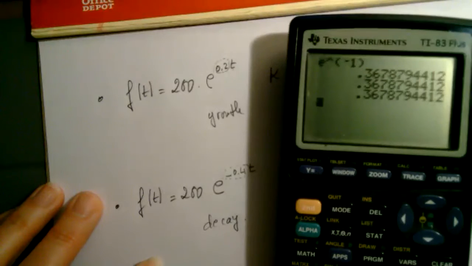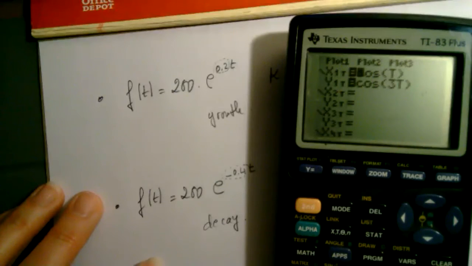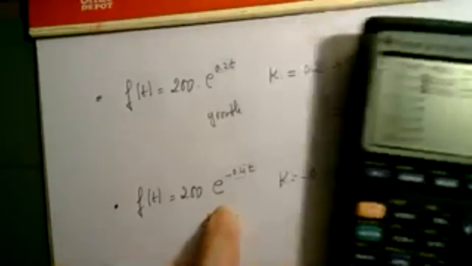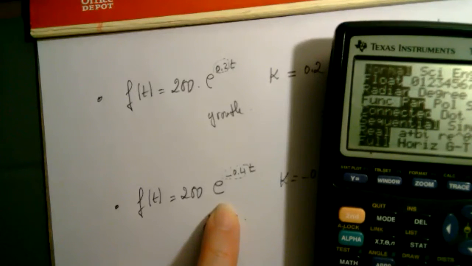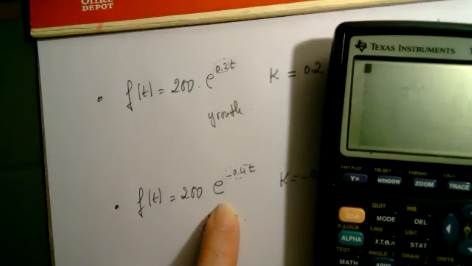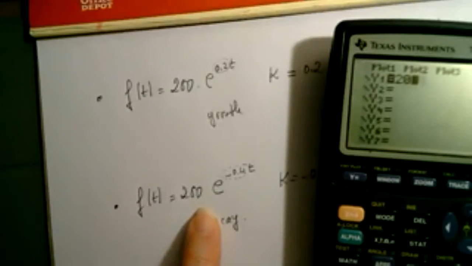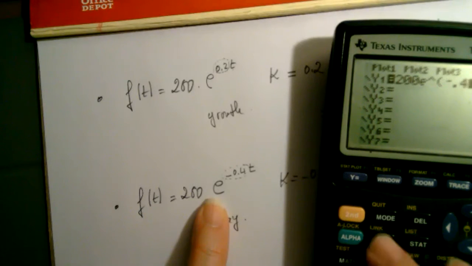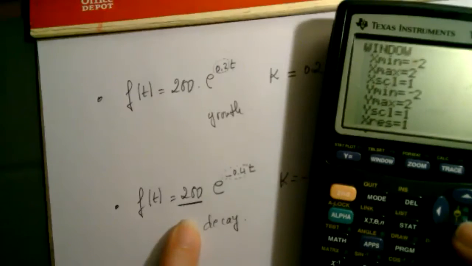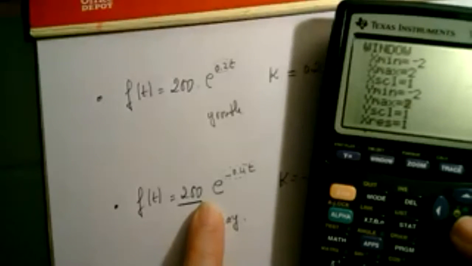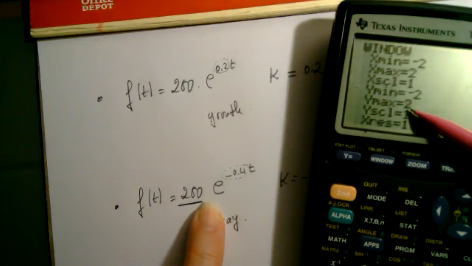If I take my calculator and sketch this function, 200 times e to the power minus 0.4t, the initial value is 200, so I have to make sure my y range is big enough. If the maximum y value is 2, it's getting me nowhere.